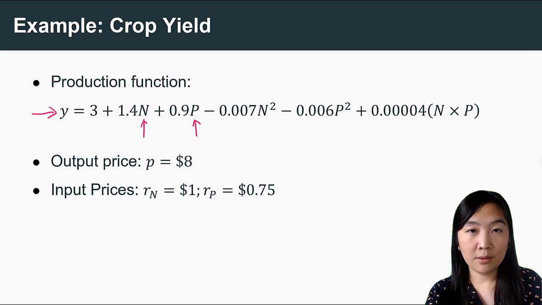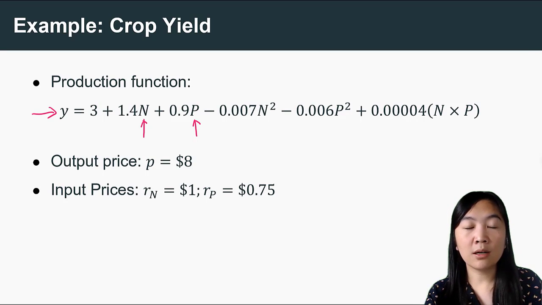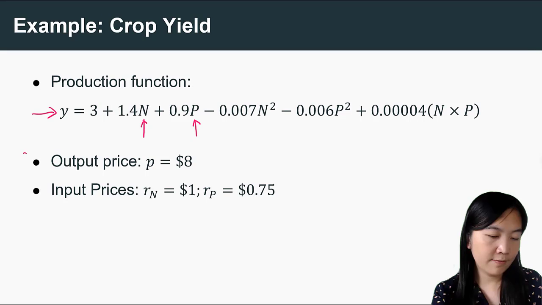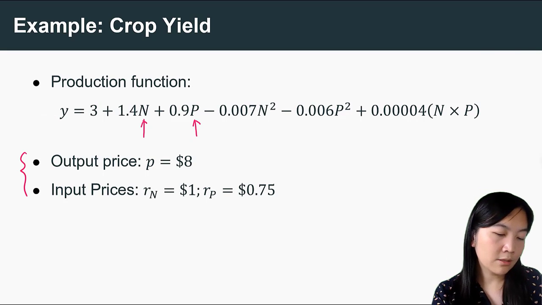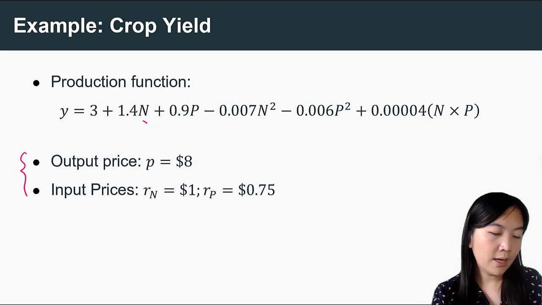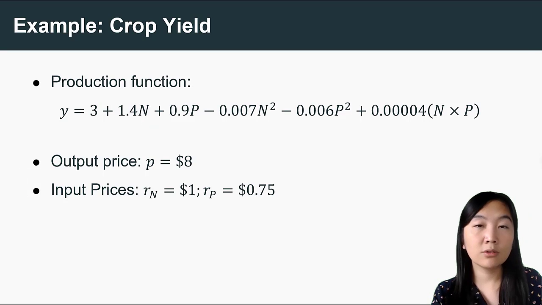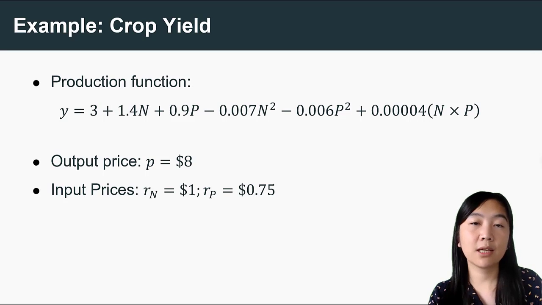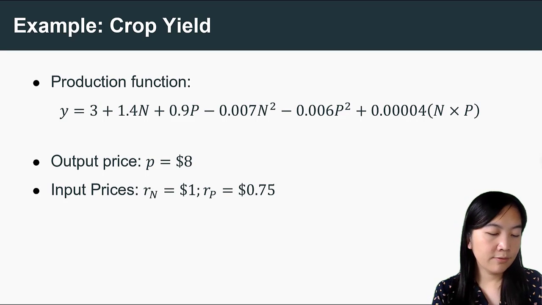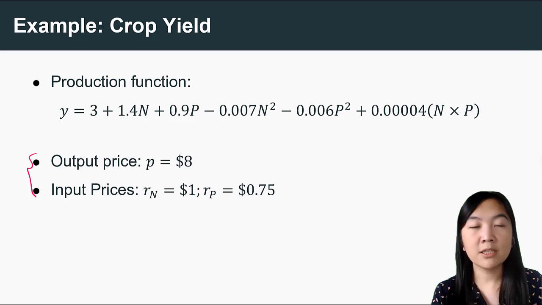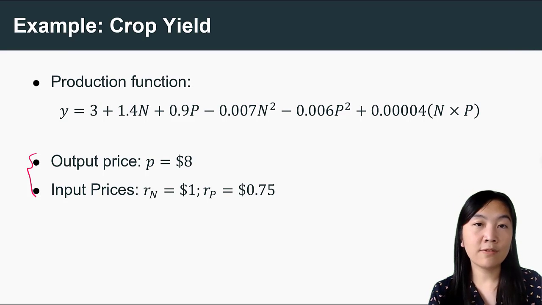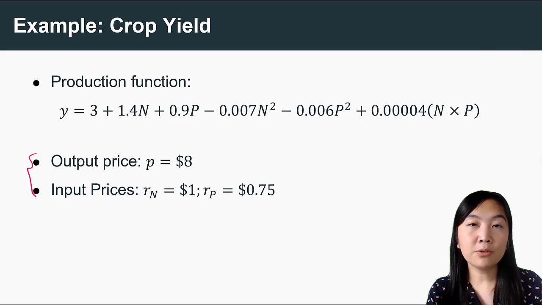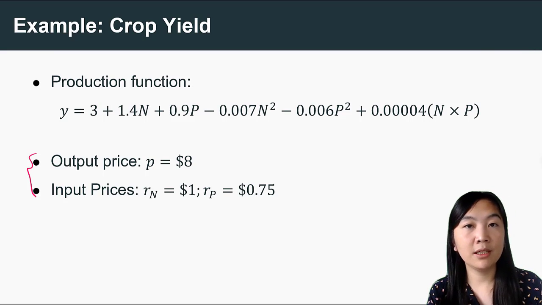Previously, we haven't done profit maximization, so we didn't have this information given. Based on the production function, we can decide the maximum yield that this production technology can achieve. And if we're given information about the output price and the input prices, then we can find the input levels that will lead to maximized profit.